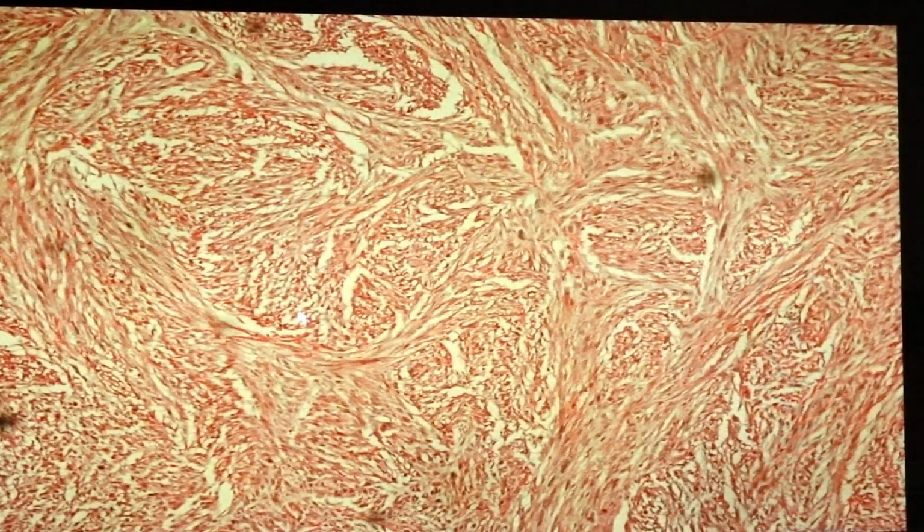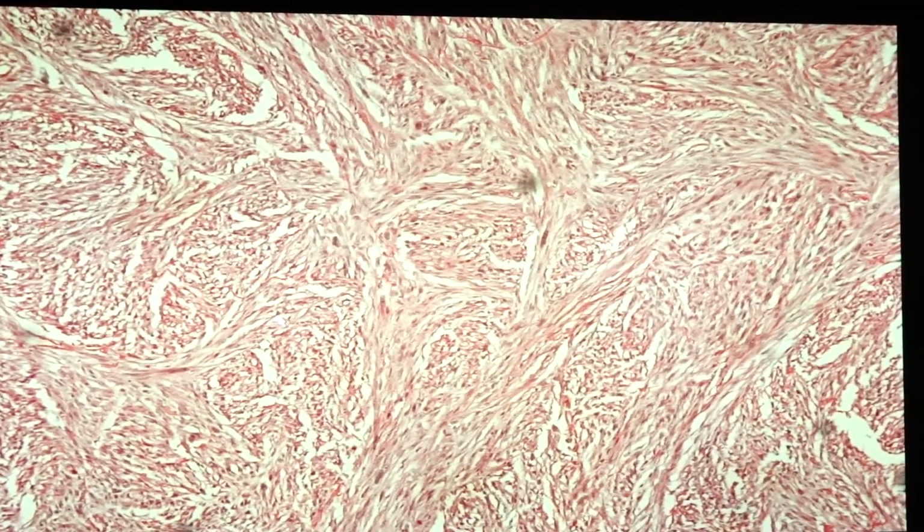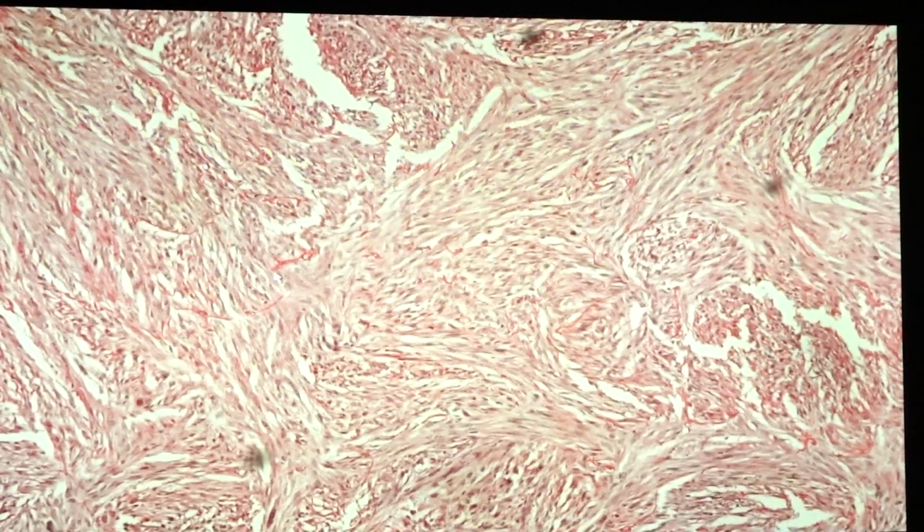You can see it's irregular. And then what would be very distinctive here would be the presence of spindle cells arranged in interweaving fascicles. These are composed of spindle cells.